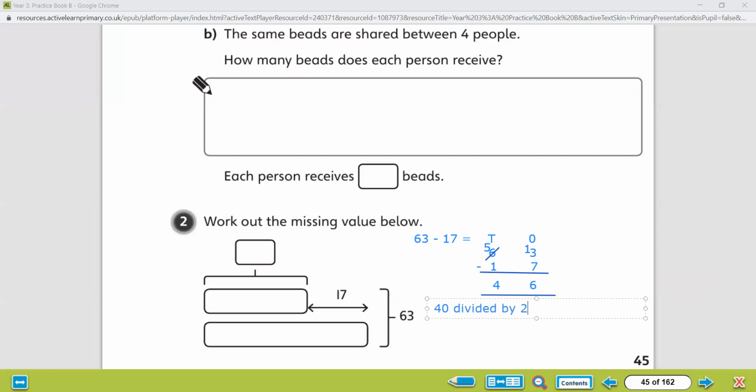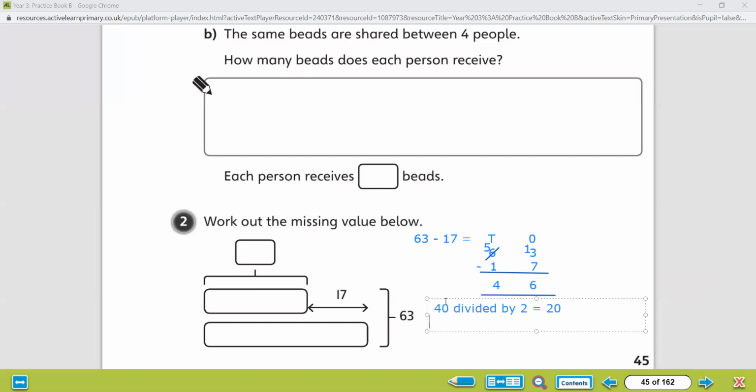Don't worry if this is tricky for you. Remember, Mr. Haslam couldn't do it. I'm just showing you so you know how to do it in future, but really don't worry about it. 40 divided by 2. Well, I know that 4 divided by 2 is 2, and 40 is 10 times bigger than 4, so my answer has to be 10 times bigger than 2. It has to be 20.